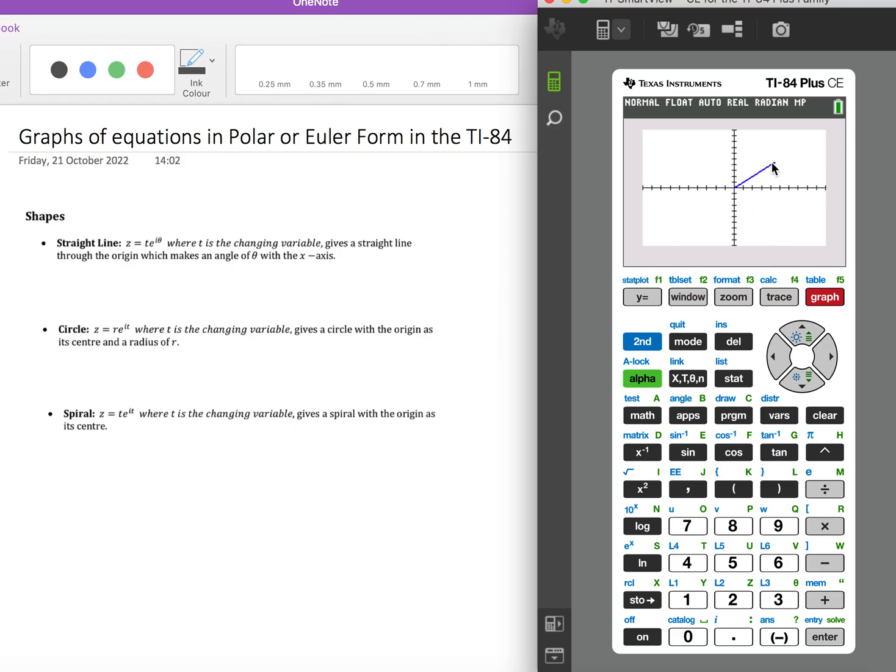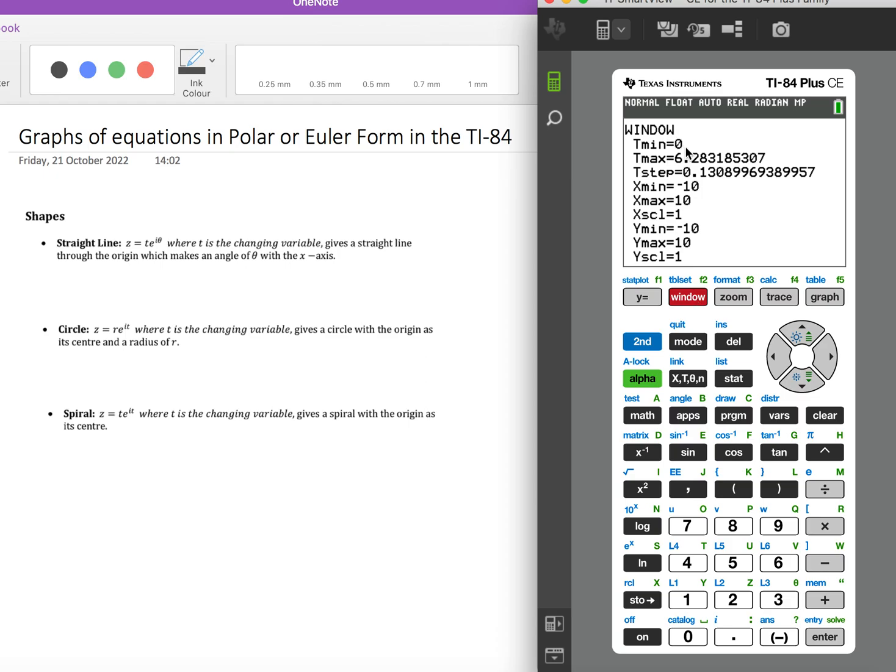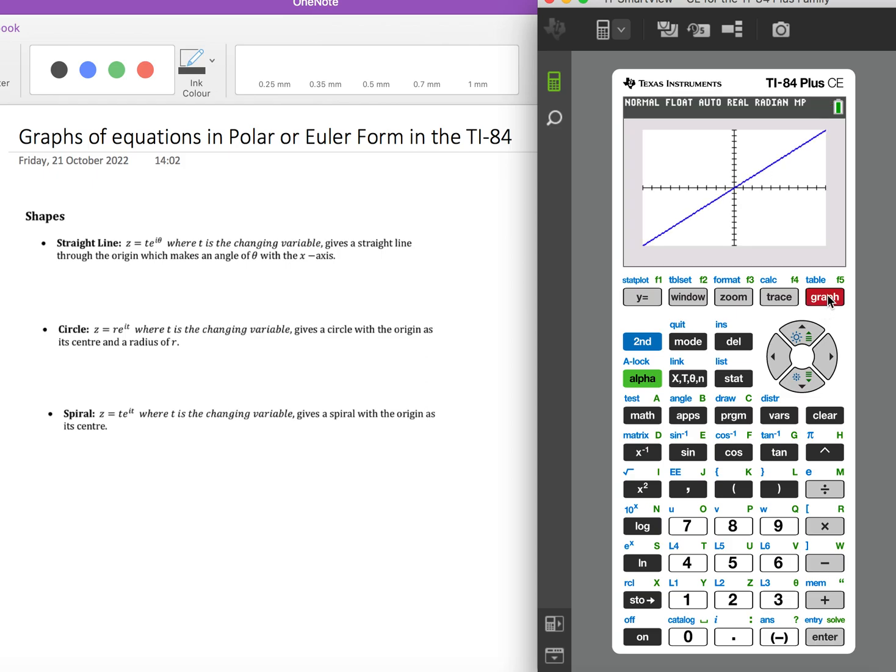If you want to make it bigger or extend it, you have to adjust your t value. For example, if you want negative values, let's say -20 up to 20. That gives you a longer line. It is the values of t that you can change to get a longer line.